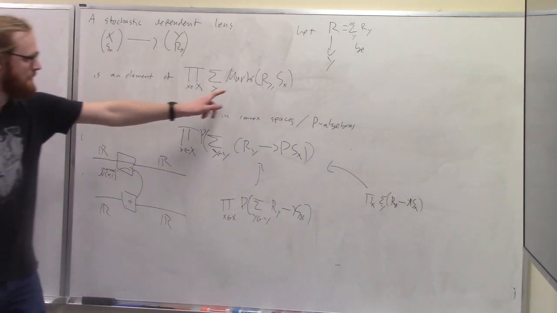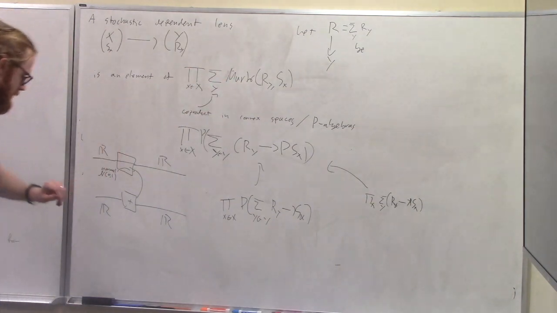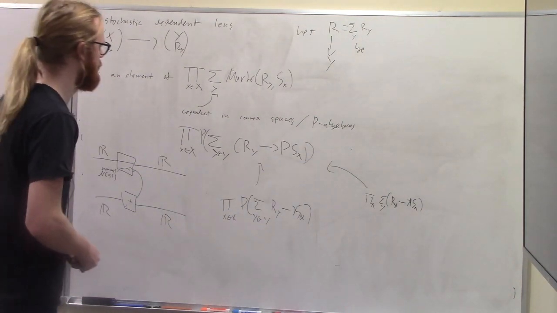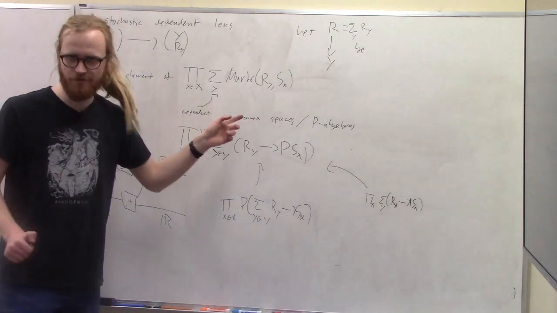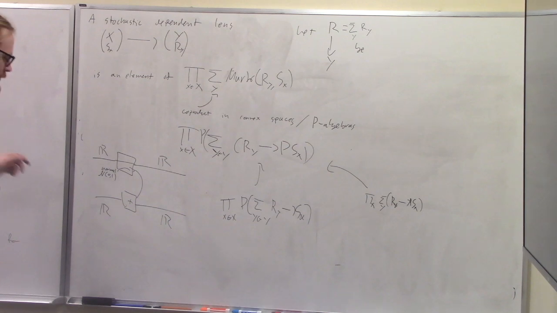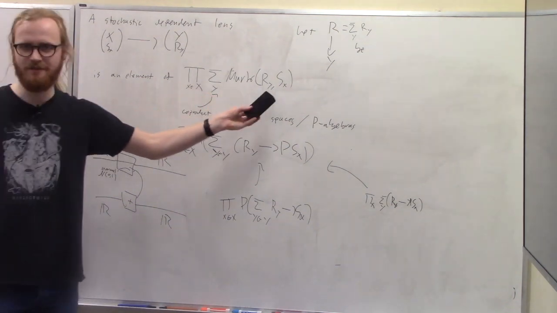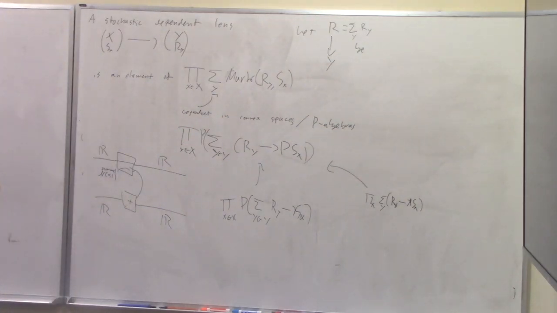Right, but this is right. So if C is closed, and now the category of Markov kernels isn't closed, but you can pretend that you have the category of convex spaces, which is closed, and it embeds in there. Then let me just write down my definition.